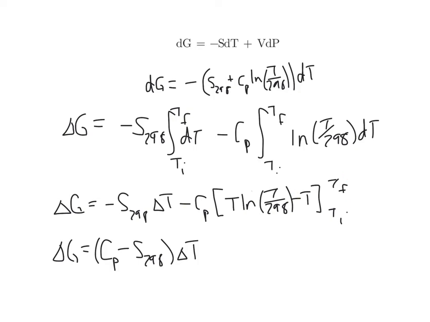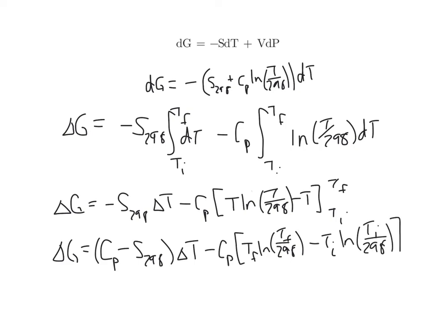These two minus signs cancel to give me a positive, and so I get C sub P times delta T. Then I also have the term that I get when I evaluate the natural log portion of the second integral. So I have T final natural log of T final over 298, minus T initial natural log of T initial over 298. And that is my expression for the change in Gibbs free energy when I heat or cool a gas at constant pressure.